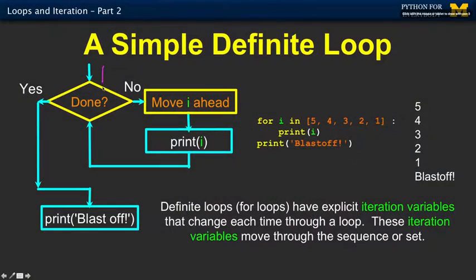You can think of the for statement as sort of a complex thing. It is dealing with the fact of when it's time to continue and when you're done. It knows about that, and it also sets I to the new value. So it's like, are we done yet? No. Move I ahead to the new value. Print it. Are we done yet? No. Move I to the new value, then print. On and on and on.